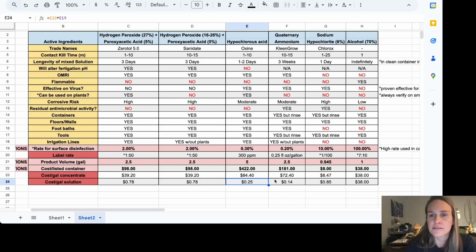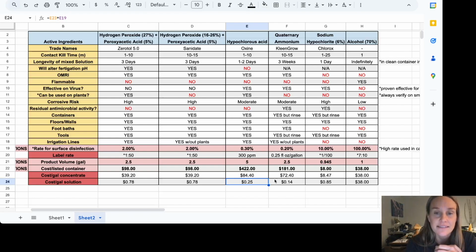And then Clorox. This would just be a gallon jug you buy at the grocery store, $8 a pop. I was actually surprised by how much this equated to per gallon, 85 cents. A lot higher than what I would imagine. And then alcohol there at the $38 a gallon.